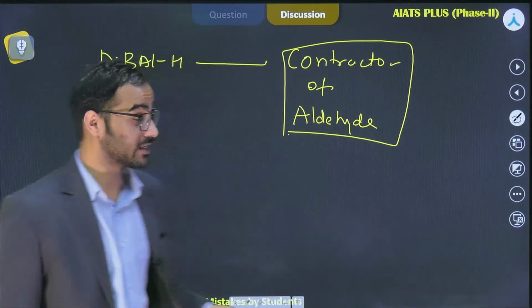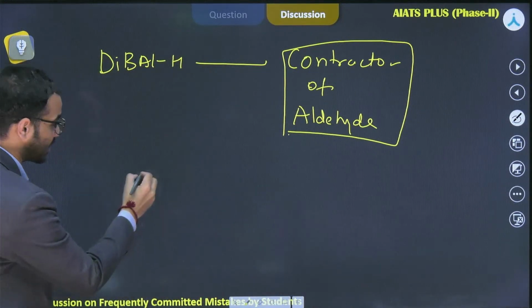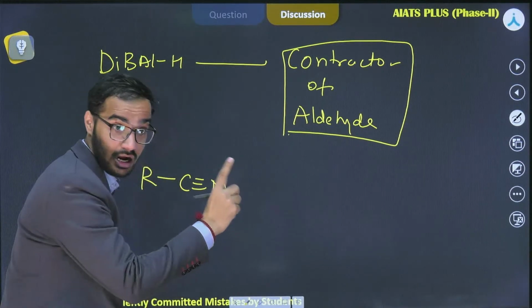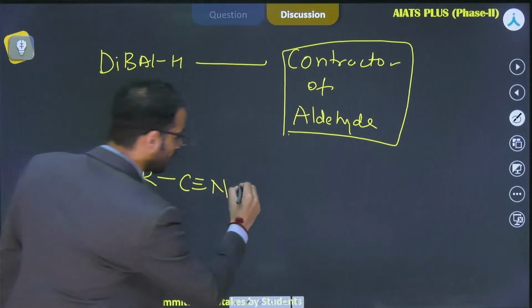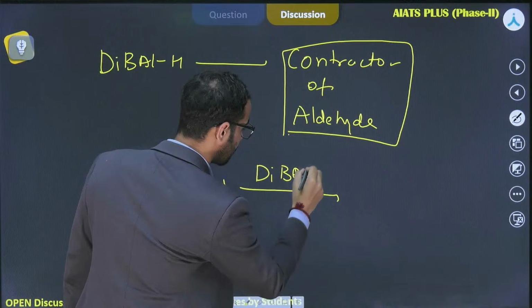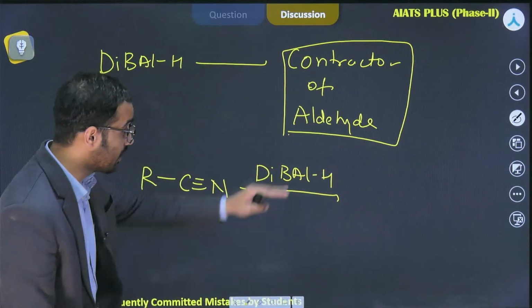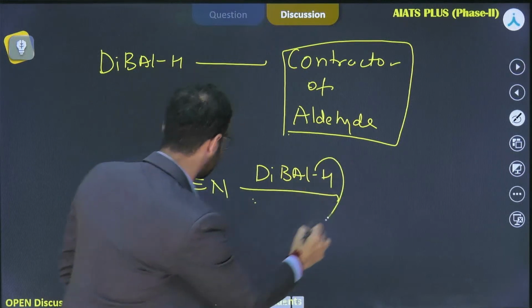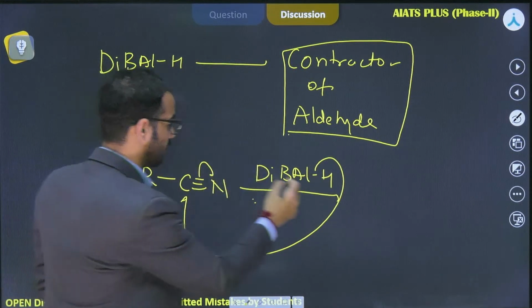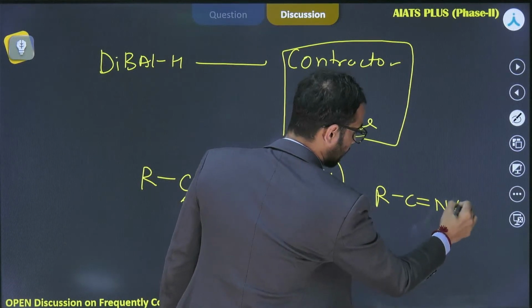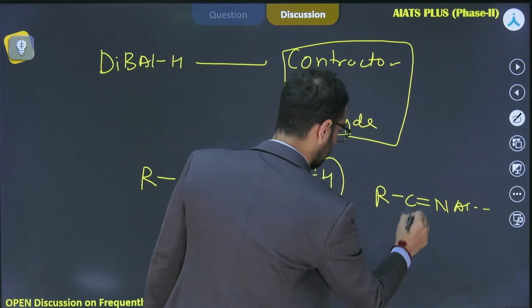Always remember, if we are taking the reagent such as R, C triple bond N, you are reacting with DIBAL-H. So what will be the case? Now this aluminium hydride bond will undergo a reaction. It will react over here and you will have R, C double bond N, with the Al complex and the hydrogen.